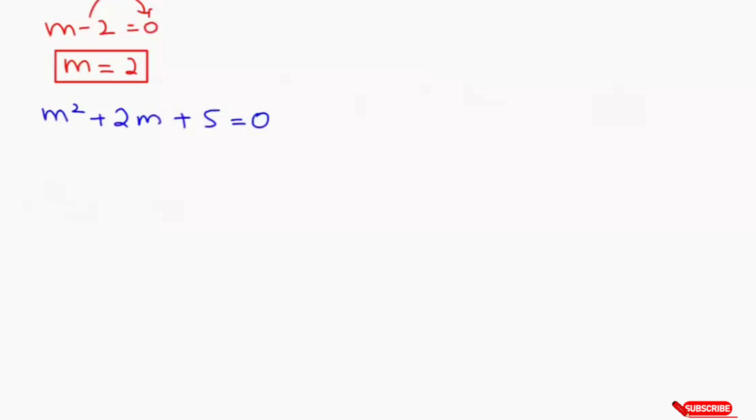So here we get the quadratic equation. The a value we have here, that is 1, and b we have 2, and c we have 5.